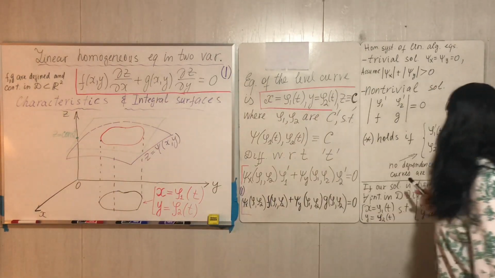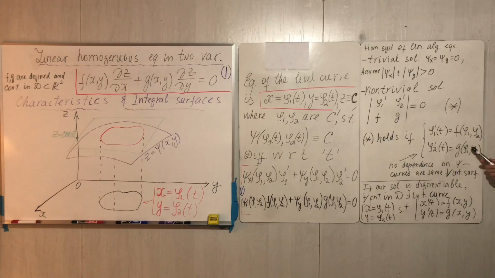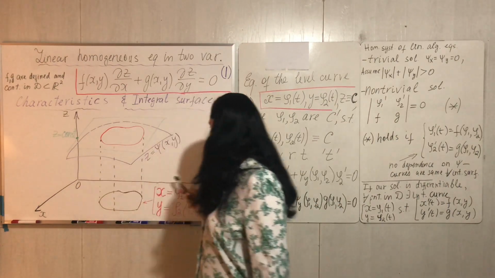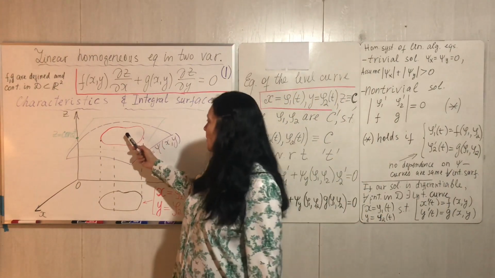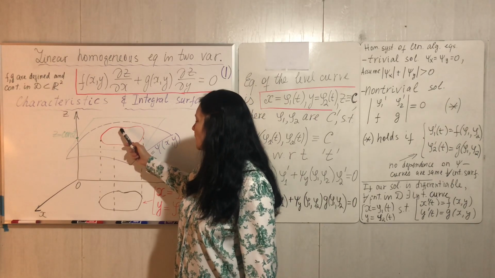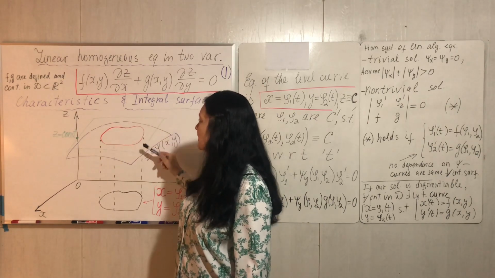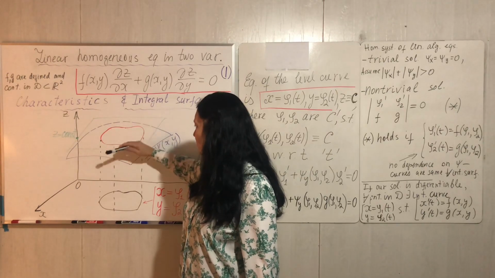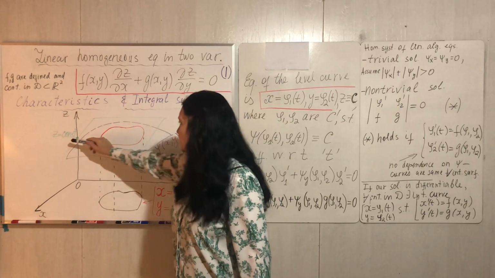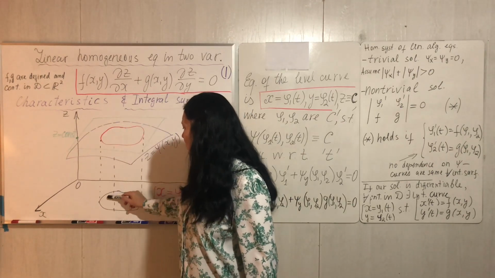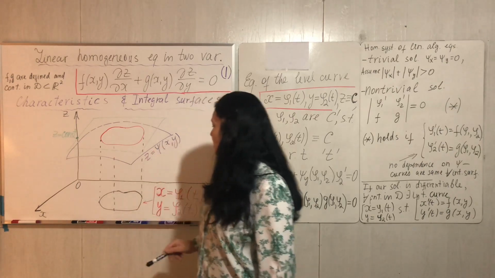So we will still get the same equation, and if we look at the x-y plane, and assume also that our surface is continuously differentiable, is smooth, then if we slightly change c and stay on the same surface, we will get another curve.